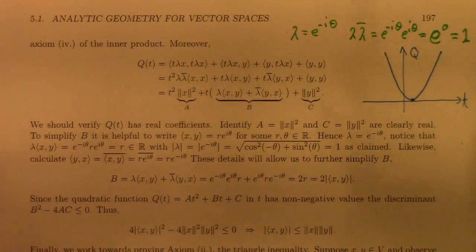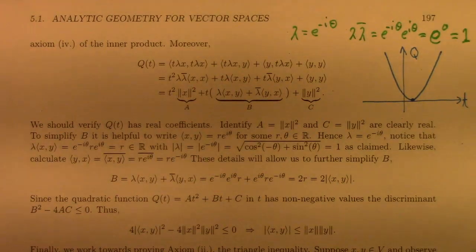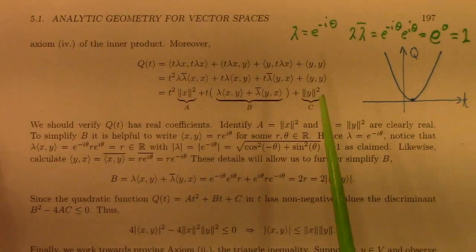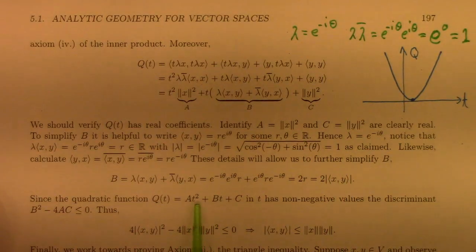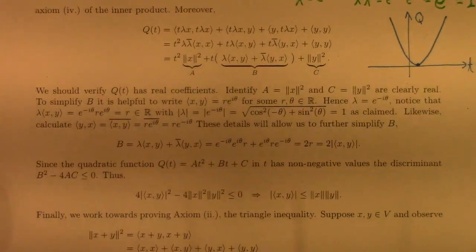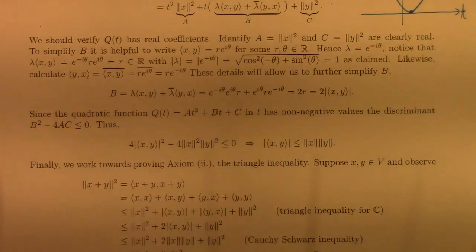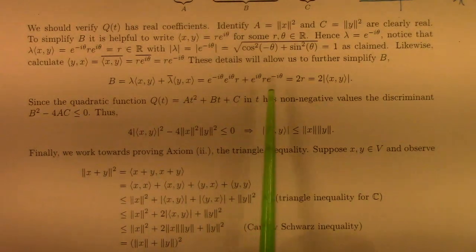So the point is that when we look at the quadratic formula for q of t, the discriminant b squared minus 4ac has to be less than or equal to 0, because otherwise we'd have distinct real roots.